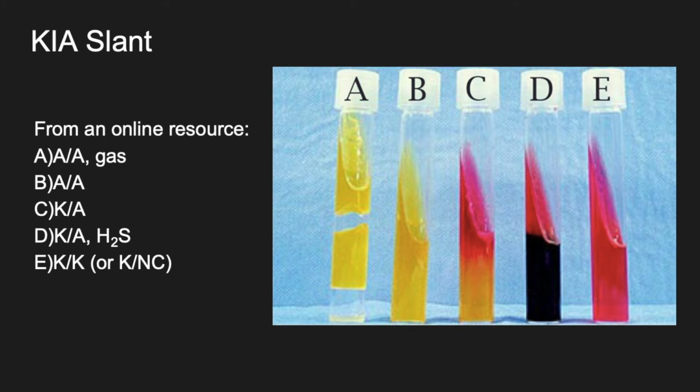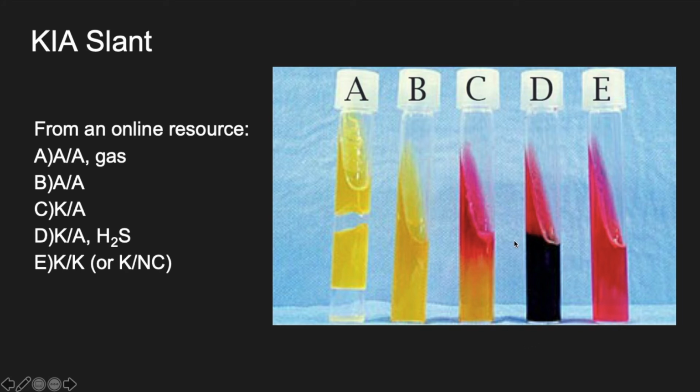Tube C, you can tell that the slant is alkaline, or K, because it's red, and then the butt is acidic. Test tube D is alkaline or basic at the top on the slant because it's red, and then it's acidic in the butt because it turned black. You can't see that yellow, but you know that the black precipitate only forms when that environment is acidic.